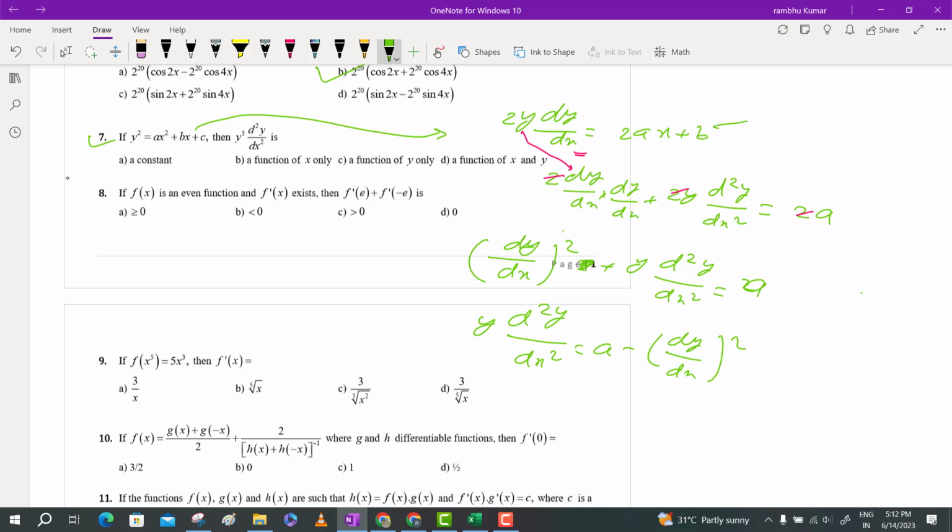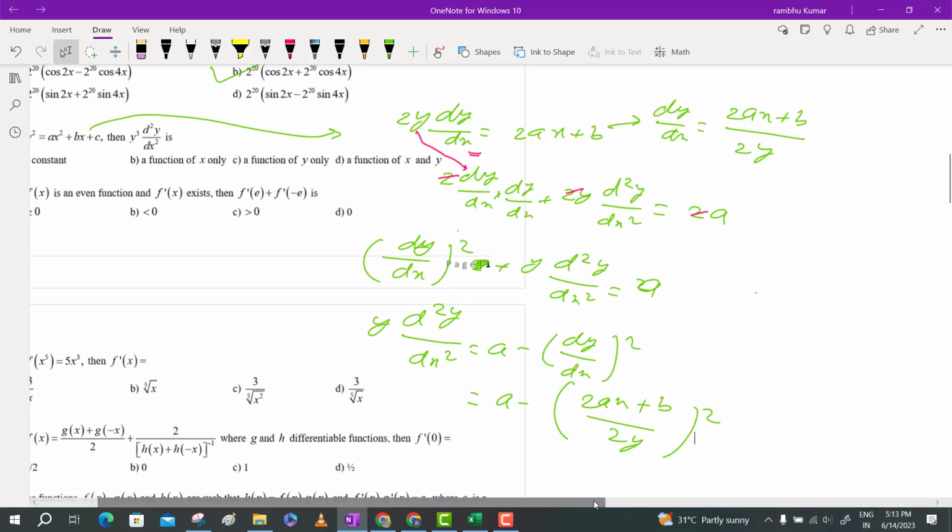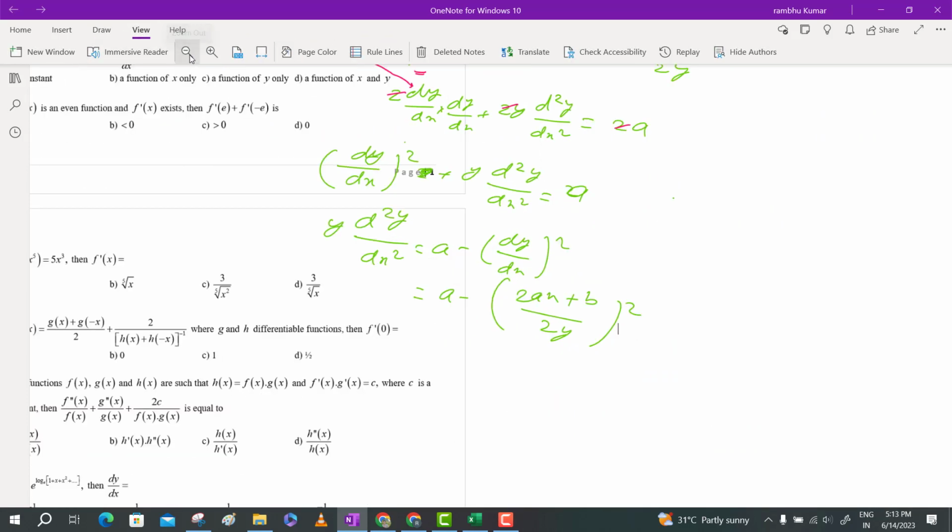So dy by dx is equal to 2ax plus b divided by 2y, which means this is nothing but a minus 2ax plus b divided by 2y whole square. Now listen, this is a little lengthy problem, so 1 second I will reduce the size.